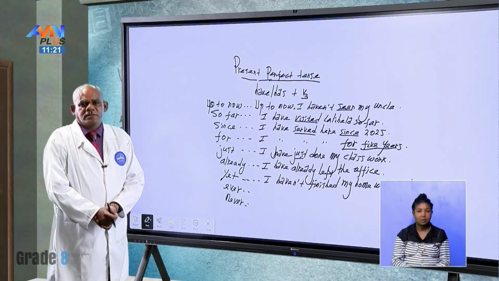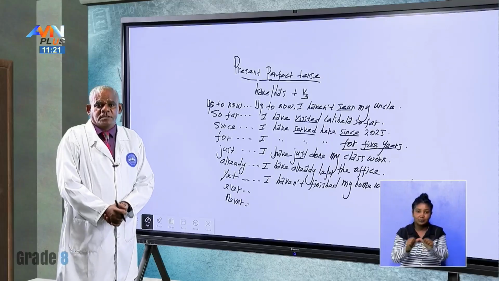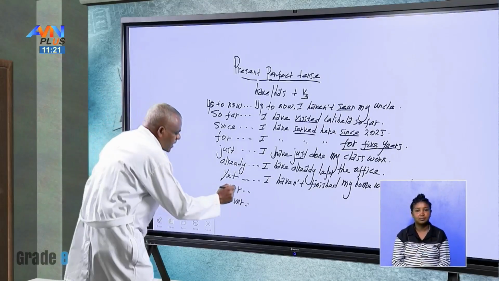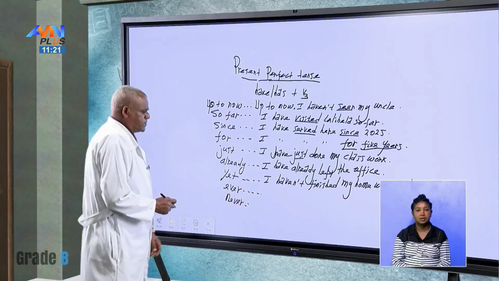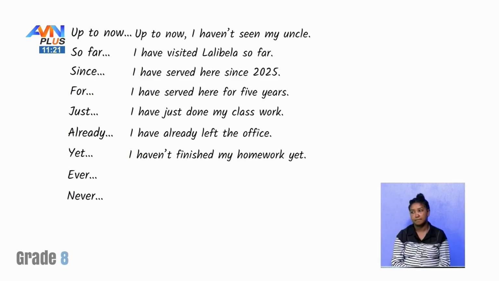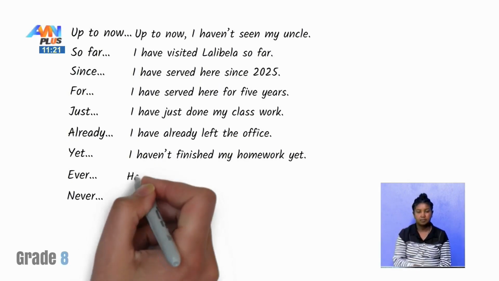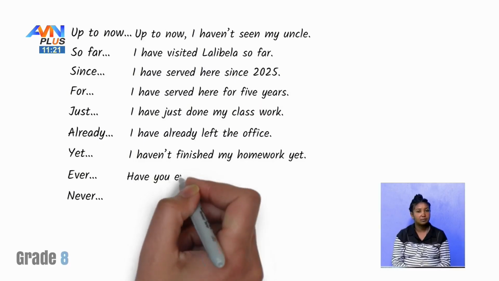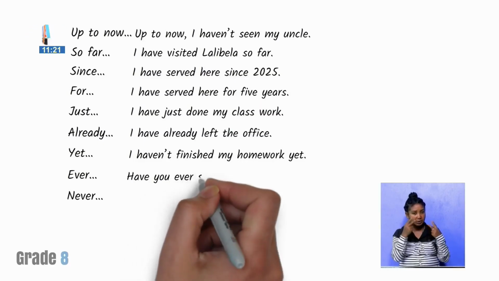Still now you are doing it. In other words, you are busy doing your homework. That's it. All right. When it comes to ever, right? I'm going to ask you: have you ever seen a zebra?